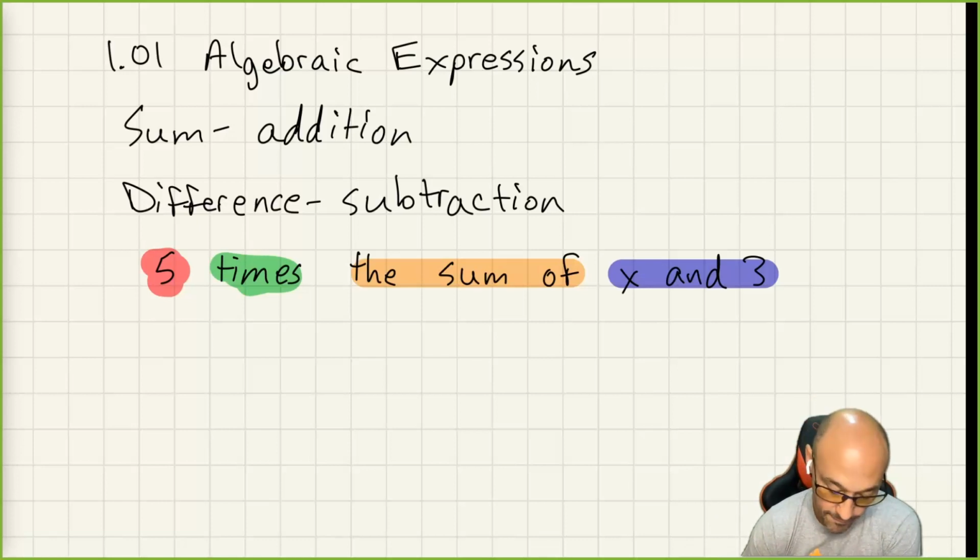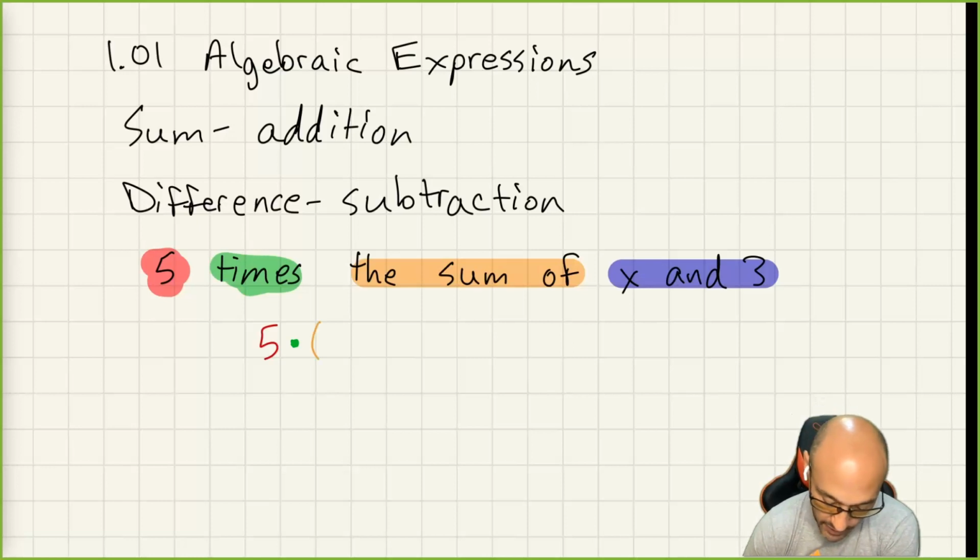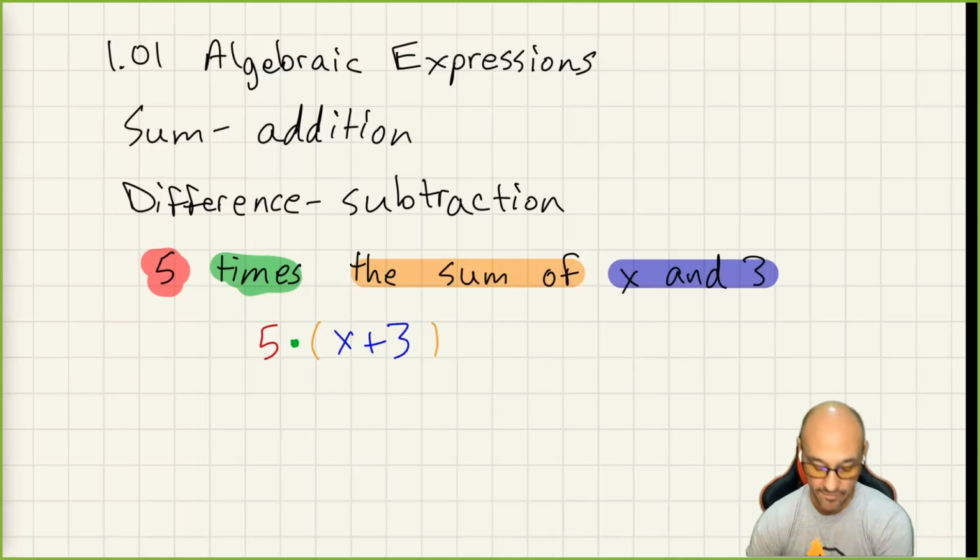So 5 times says I am multiplying 5 by something, and it's the sum of, and that tells me that I need to have some parentheses because I'm adding these things together, the x and the 3, and then we're multiplying by 5.